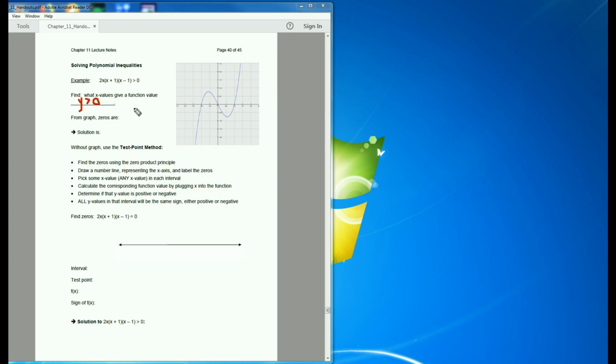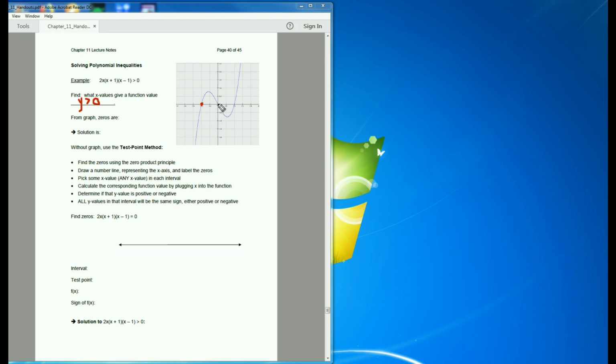Again, it's much easier to solve if we're looking at a graph of it. So here's a graph of it, and this is a very typical behavior for a cubic polynomial. From the graph, we can see that the zeros are here. Sorry, this is kind of small on the screen, but I know you have your copies.